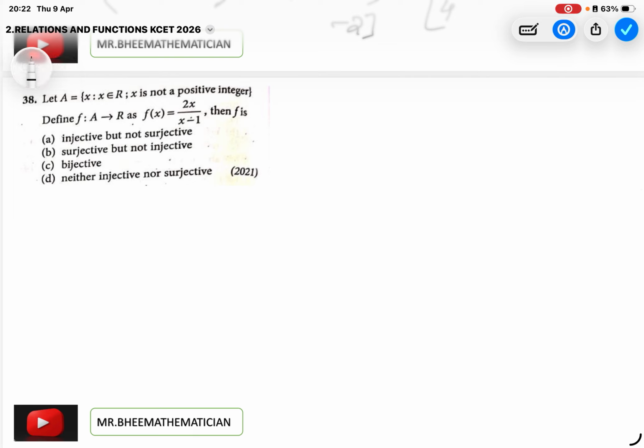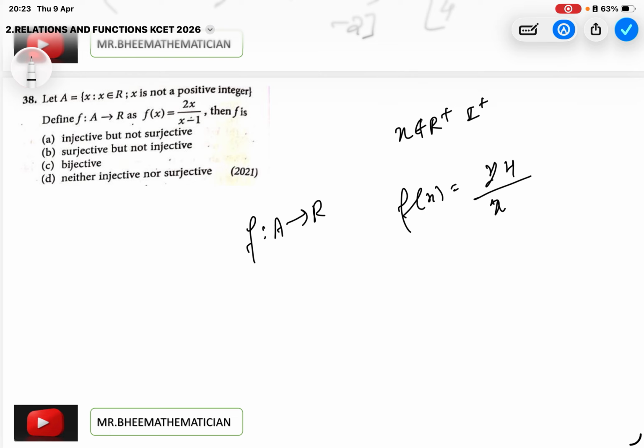This is very easy. X is not a positive integer. It means I plus, and A is mapping to R. F of x is equal to 2x divided by x minus 1. So here the integer is not there. For example, 2 is not there. 2 into 2, divided by 2 minus 1, so the answer will come 4.